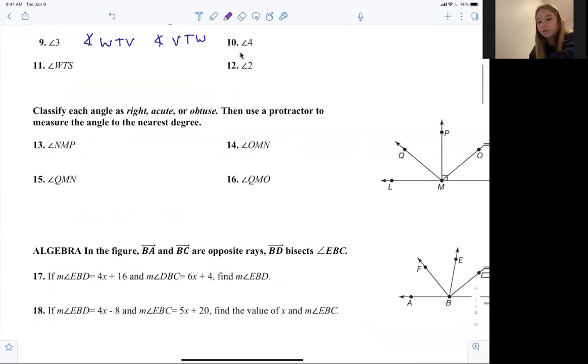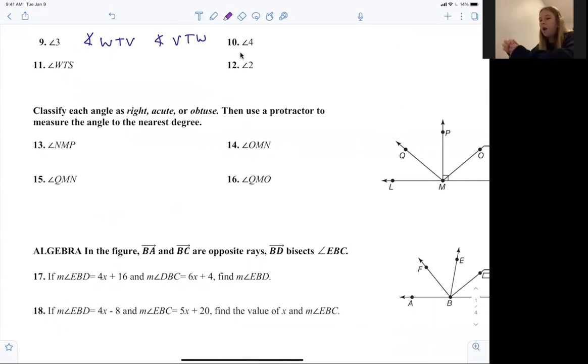Now, everybody remembers what right means. Right is just what? 90 degrees. Acute means what? Less than 90 degrees. Obtuse means more than 90. So if it's obtuse, we say it's less than what? 180 and greater than what? 90.